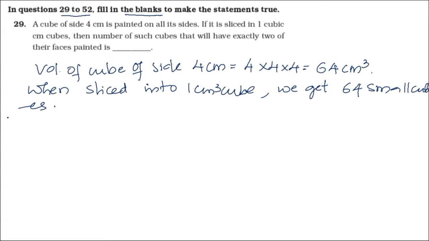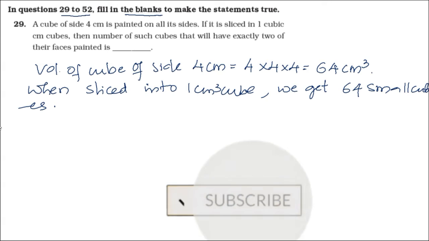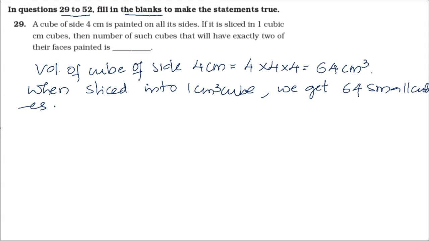As per the given question, on each side of the larger cube, the smaller cubes in the edges will have more than one face painted. The cubes which are situated at the corners of the big cube will have 3 faces painted. Understood? So let me mention that so that it will be clear for you.